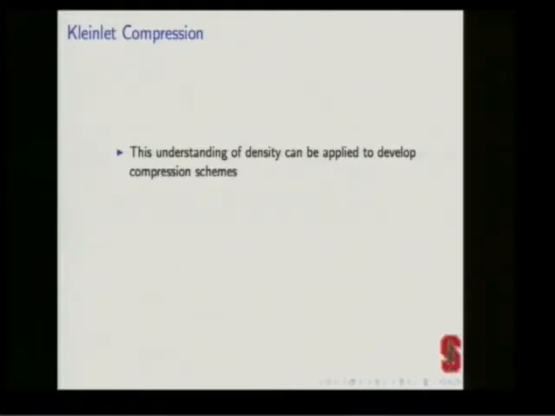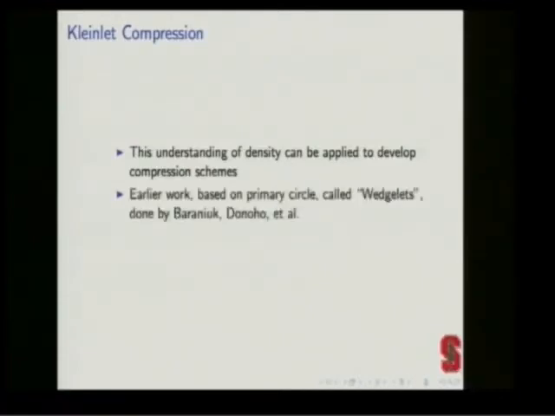Now, we talked a bit last time about compression, thinking about how humans want to do compression. And information about density, what happens frequently, is of fundamental importance in building such algorithms. So this is just a simple statement here that can be applied to develop compression schemes.